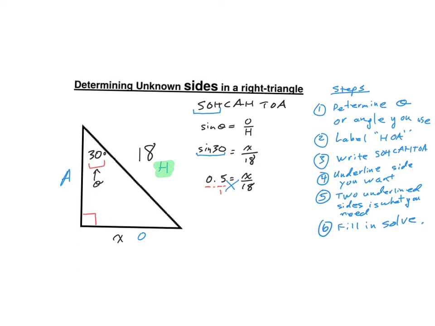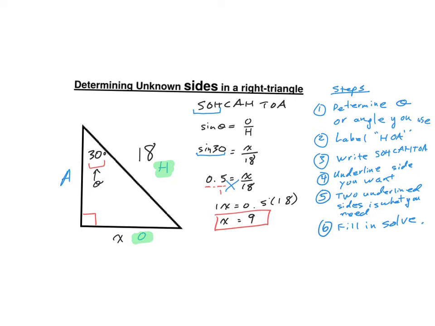I can write this as 0.5 over 1, and I cross multiply. So now I have 1x is equal to 0.5 times 18. And that gives us 9, and 1x is just x. So there is our answer.